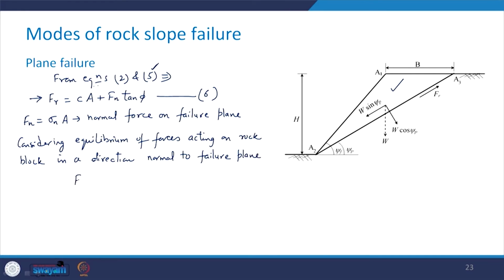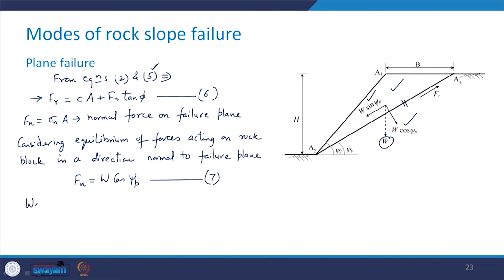So, what we are going to get is Fn is equal to W cos of psi p. See, we can get the component of this weight W in the two direction, that is, one is the direction perpendicular to the failure plane and second is the parallel to the failure plane. So, this equation I will write as equation number 7.